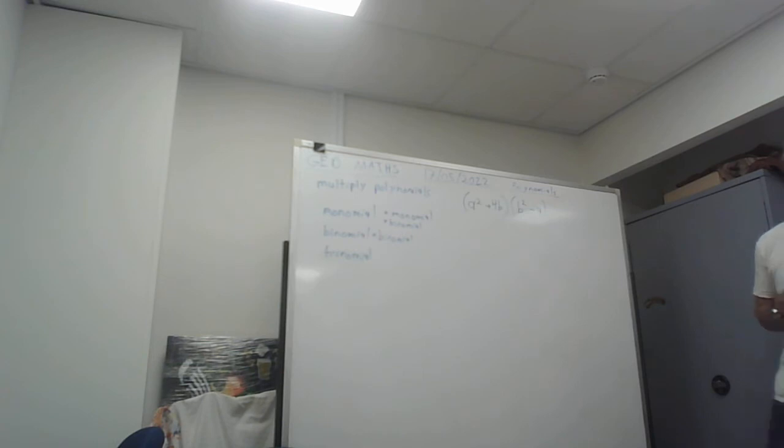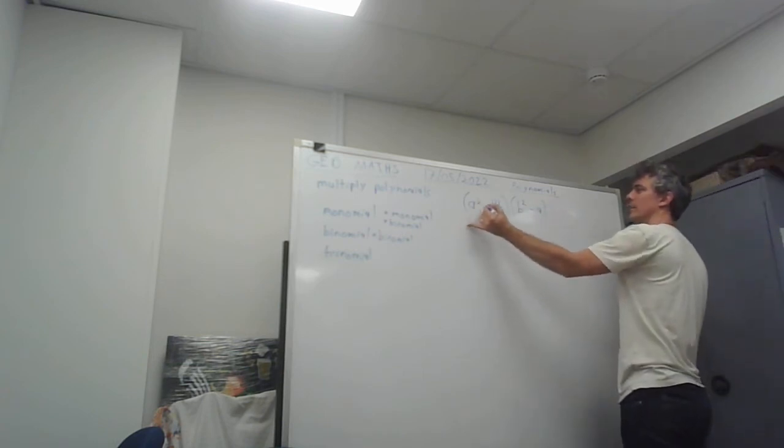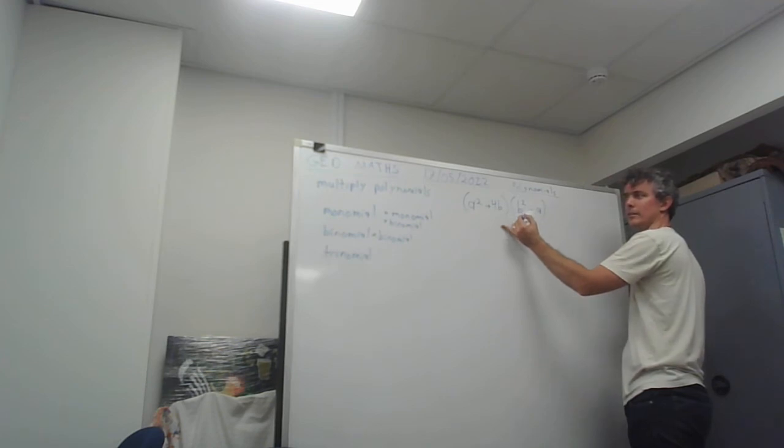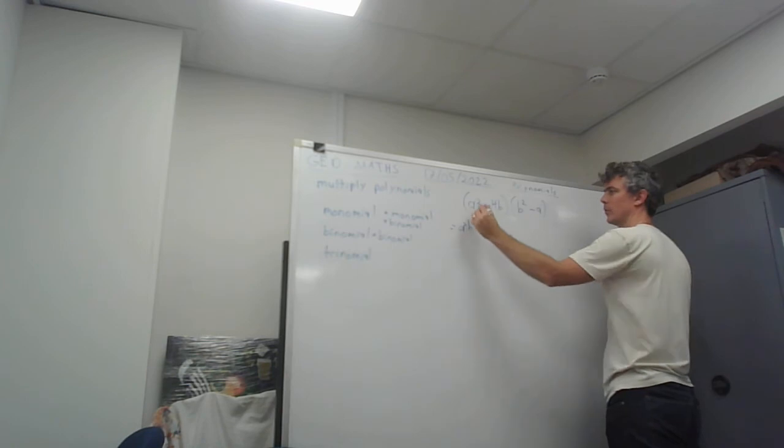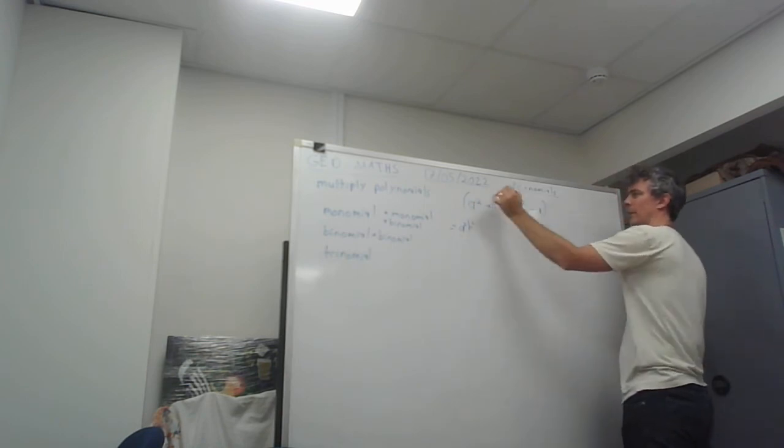Ready? Alright, so a squared times b squared, because we're multiplying them. So that's this one times this one. Now we do the next.